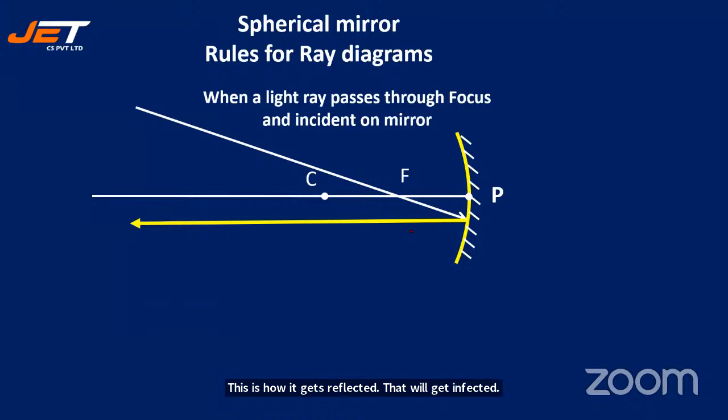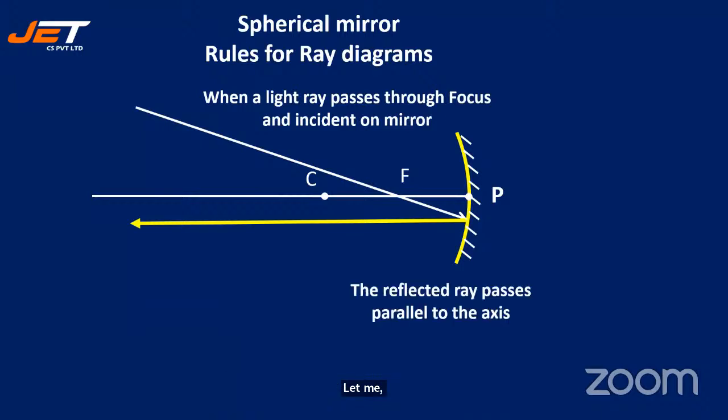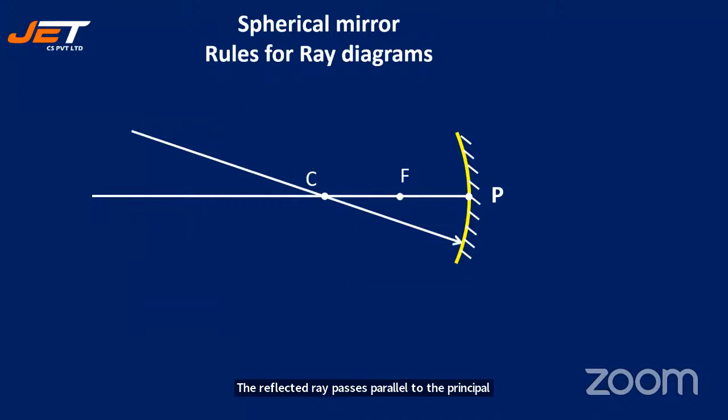So a ray passing through the focus, after hitting the mirror, goes out parallel to the principal axis. All right. So this is also another rule. The reflected ray passes parallel to the principal axis. All right. Let's see the next one.